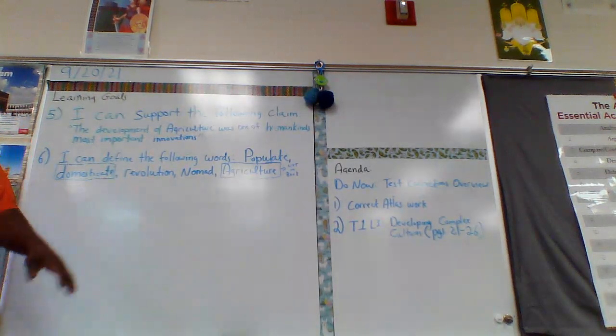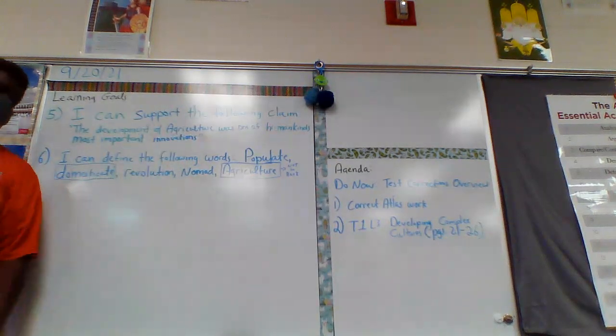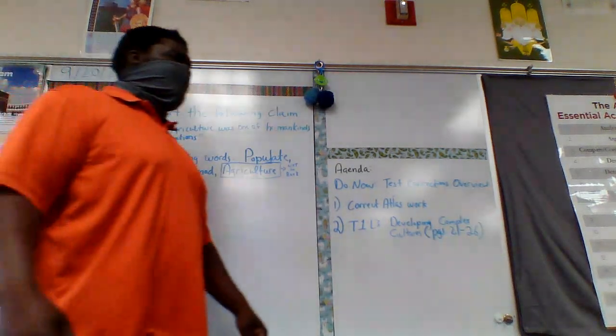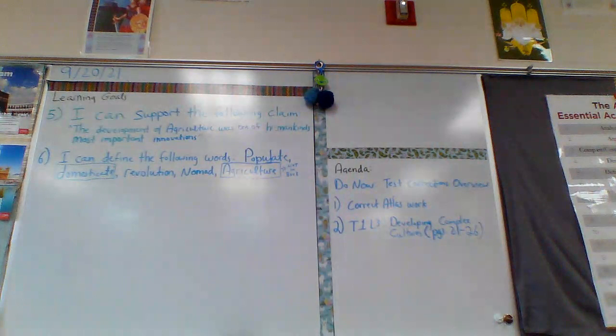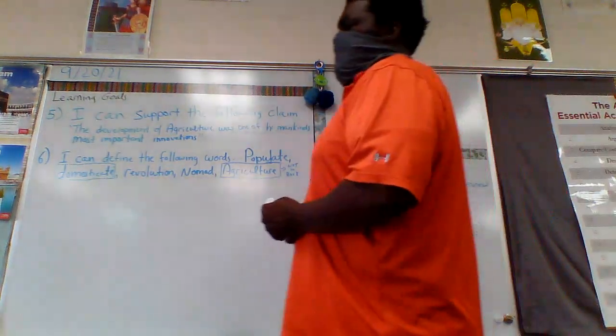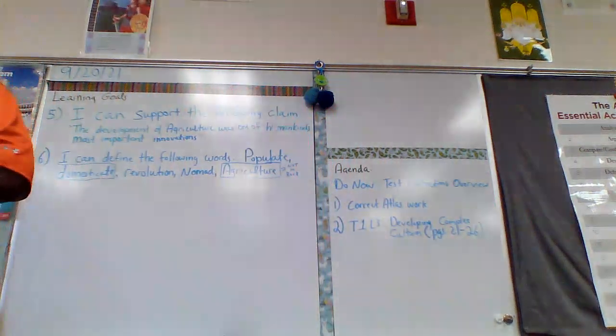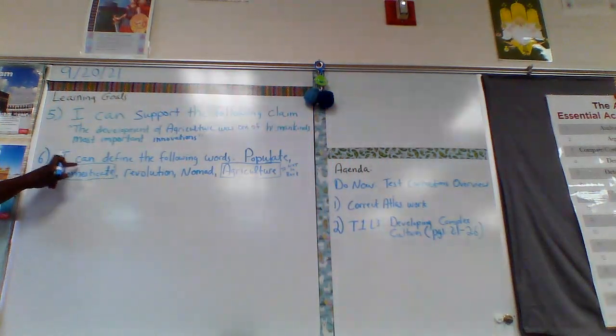Okay, so we will be diving a little bit more into agriculture tomorrow and what it means, but just a quick definition so we can understand what Mr. Seymour is asking us to do. So agriculture is the domestication of plants and animals for human consumption or human use.